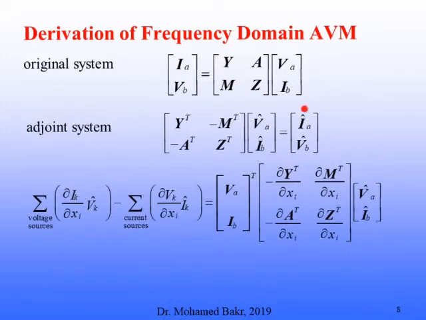So the adjoint system tells you that the current in set of branches A in the adjoint system is given as this product with the voltages and currents in the adjoint system: voltages of set A and currents of set B. Okay, this will become clearer later, but just keep in mind that we divided our branches in the original circuit into 2 sets, set A and set B. And then we wrote the matrix relating the currents in set A and the voltage in set B to the voltage in set A and the currents in set B. Okay, and then we found this matrix form, and if you can write it in this matrix form, then the adjoint system is given by this one here.